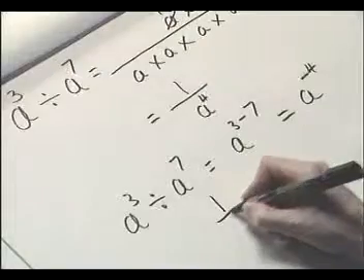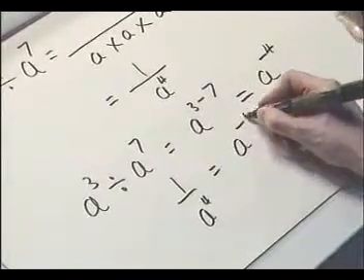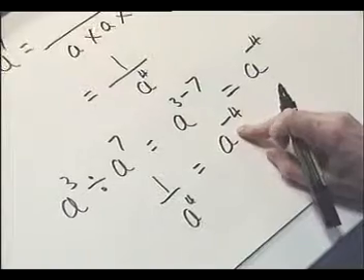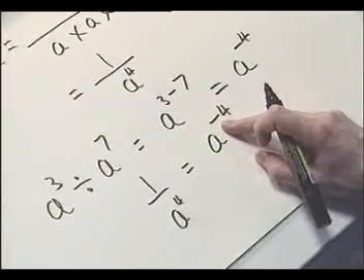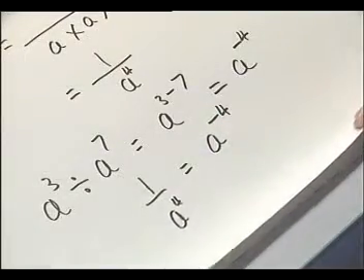We've done it correctly, so these 2 answers have got to be the same. So 1 over a to the power 4 is a to the minus 4. So a minus sign in the index with the power means 1 over a to the power 4.